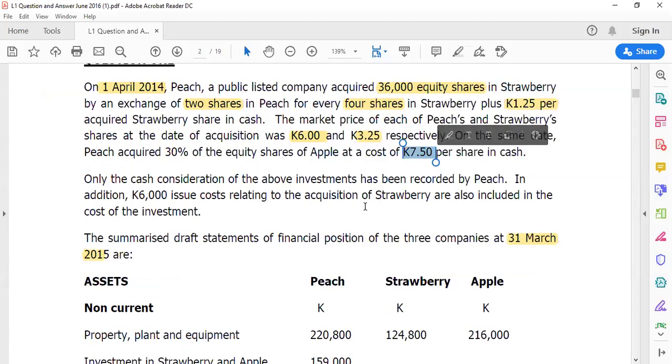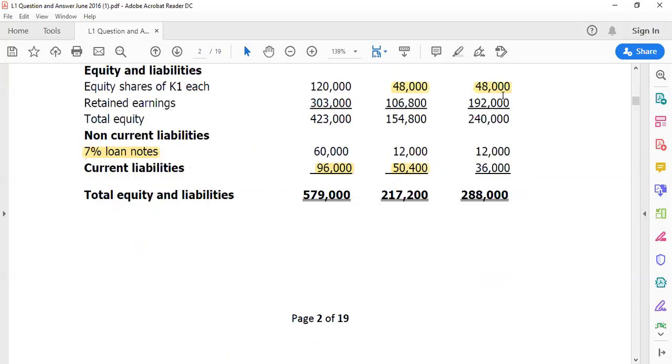At 7.5 kwacha per share in cash. What was the percentage? 30%. On the same date, P acquired 30% of the equity shares of Apple at a cost of 7.5 kwacha per share. So what did you get? 30% of 48,000, multiplied by 7.5 kwacha per share.